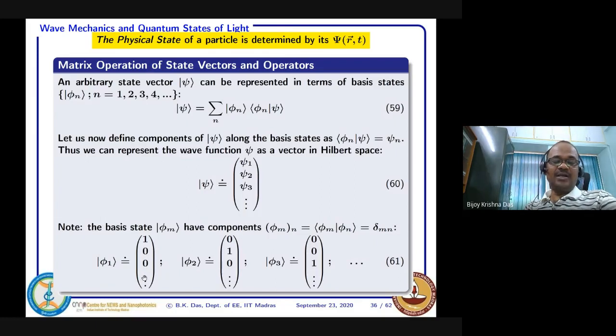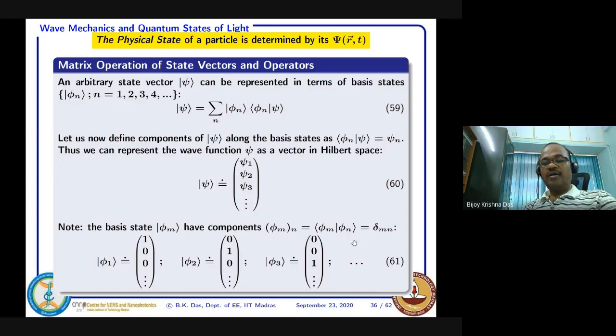This means you are considering the basis vector along n equal to 1. Now the basis vector corresponding to n equal to 2 you can write as another column vector, 0, 1: the second one will be 1, all others 0. Remember that psi will have all the components, but the basis vector itself we can write like this: phi 3, then 0, 0, and only in the third place you get 1.